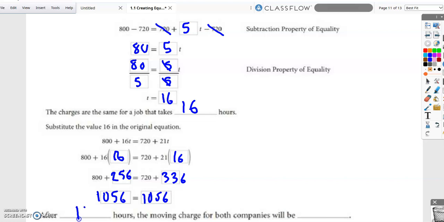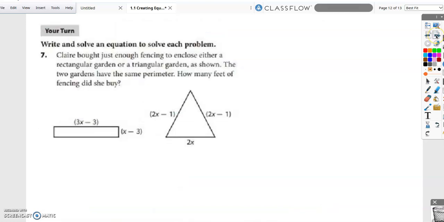So after 16 hours, the moving charge for both companies would be 1,056. All right, why don't you try this one on your own?